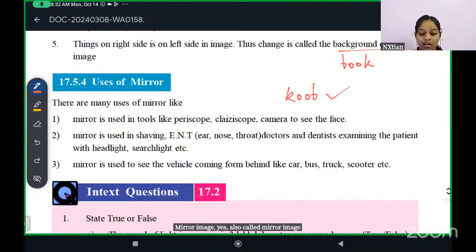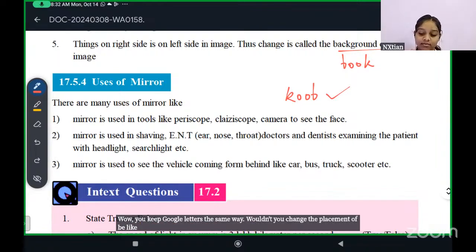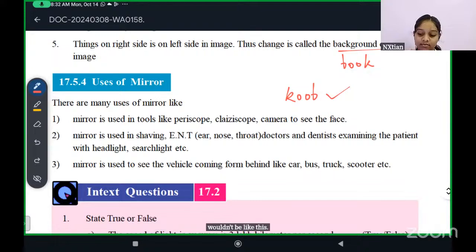That's right. Now, uses of mirror. Ma'am, I have a question. Yes, yes, Abraham. Why are you keeping the letters the same way? Wouldn't you change the placement of B? Wouldn't B be like this, and K face the opposite side?